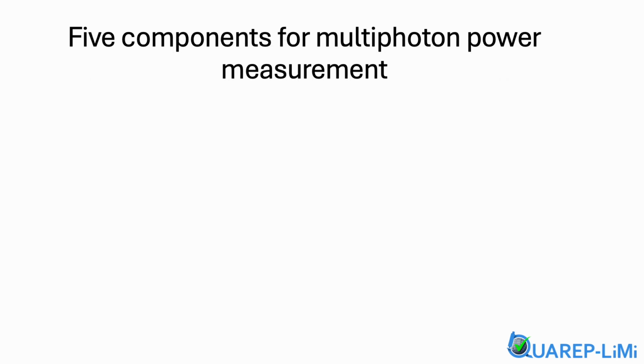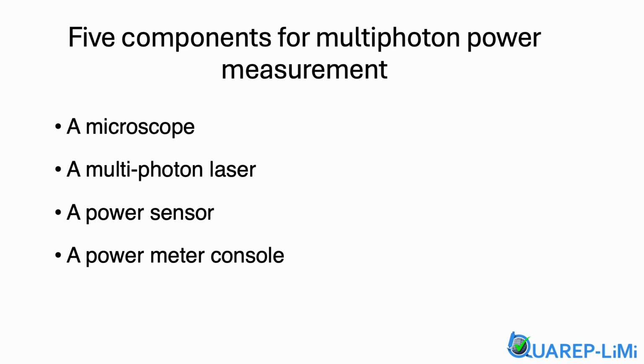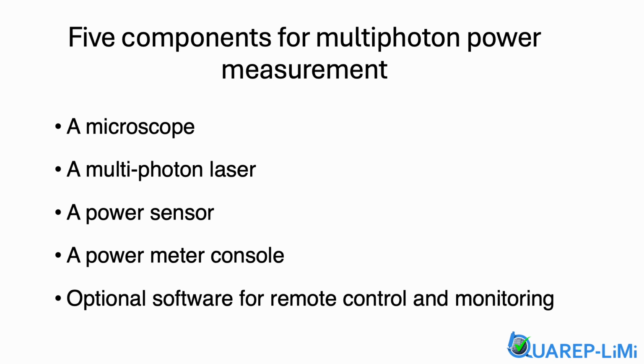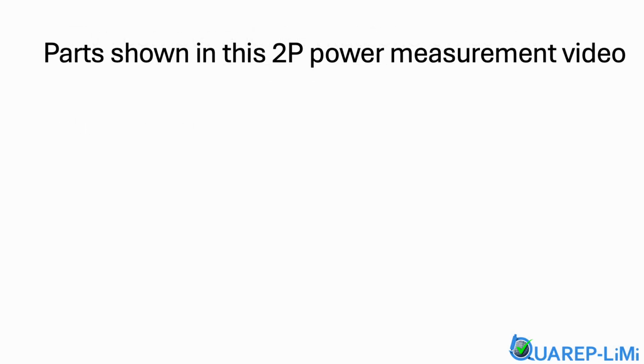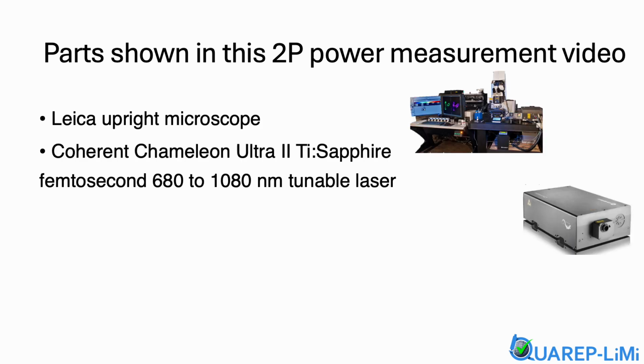The components required for this measurement include a power sensor to measure the relative peak power of two-photon lasers, a power meter console, a microscope, a two-photon laser, and optional software for remote control and monitoring. In this video, we demonstrate the setup using an upright Leica TCS SP8 MP multiphoton microscope equipped with a Coherent Chameleon Ultra II Ti:Sapphire femtosecond laser, tunable from 680 to 1080 nanometers.